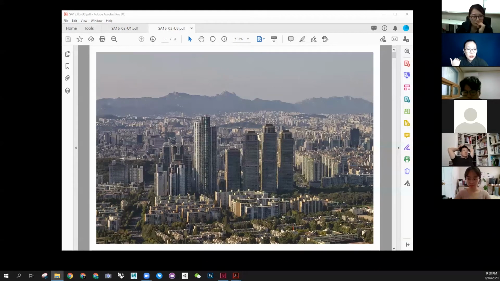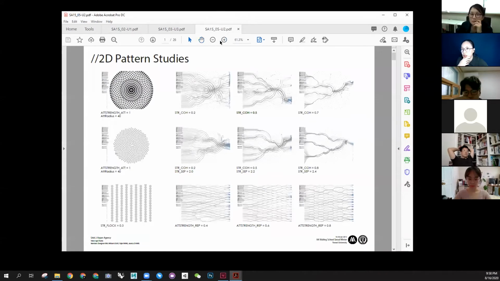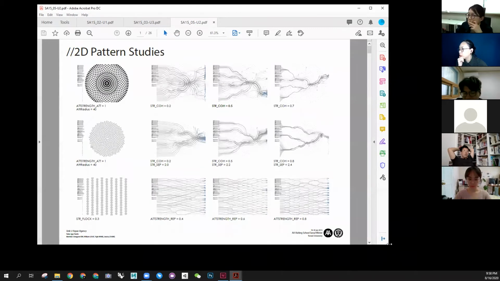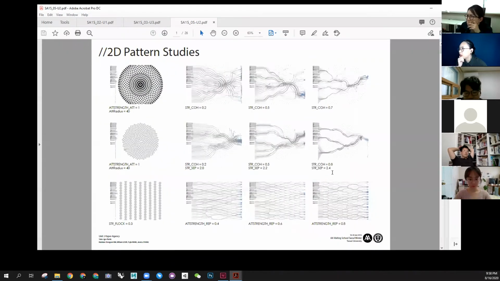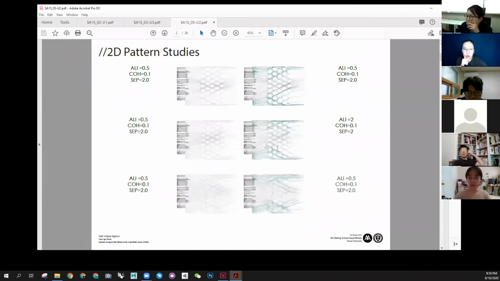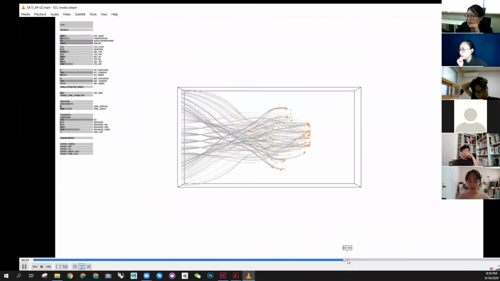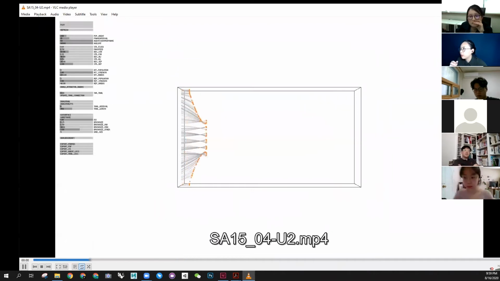So let me show you the final one. In the third year, we were using a similar approach, but in a more precise way, still using the agencies as a modeling technique. For example, this agent-based modeling process creates flocking trails.